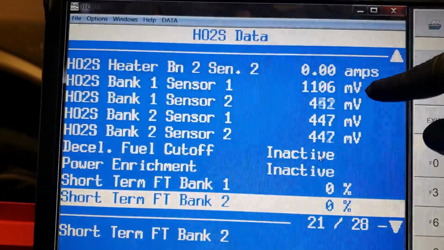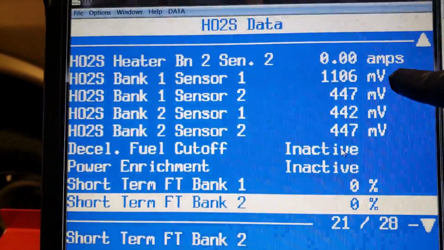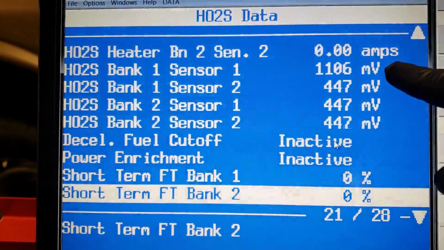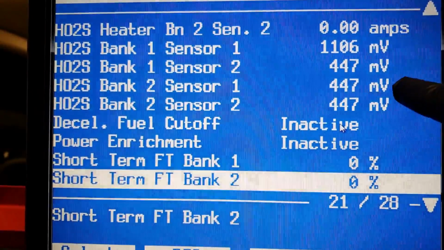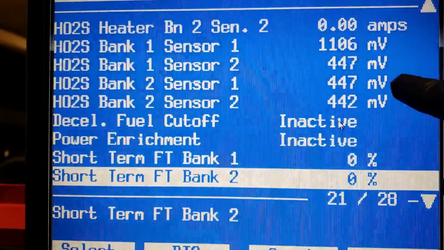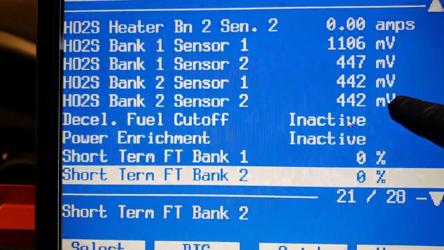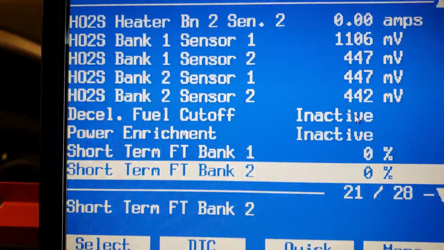Well, I guess if it was sitting at 900, it wouldn't be normal, but it's typical to see it ranging as high as 900. But this is key on, engine off, and we're at 1100. Contrast is bank 2 sensor 1, we're at 447, which is matching both downstream oxygen sensors. So this is the one that we need to take a look at.